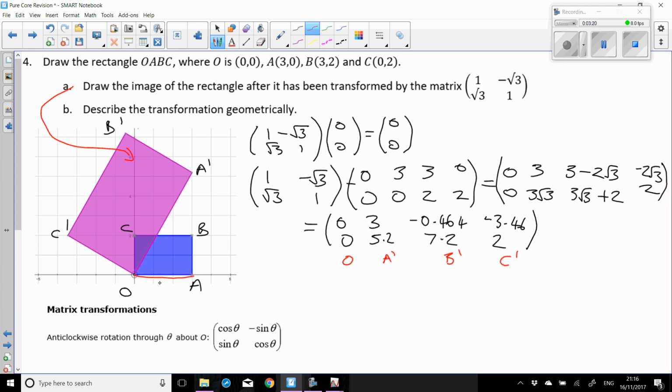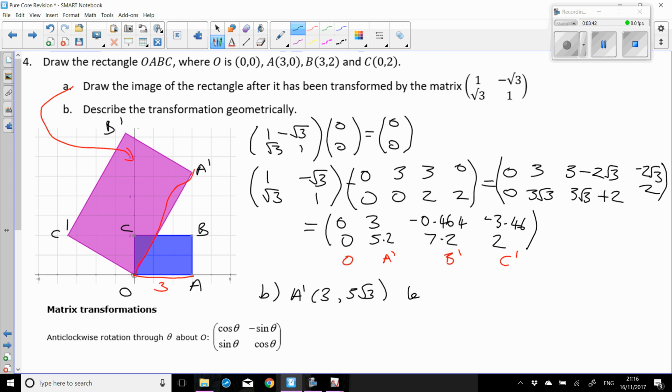For example, this one, so from O to A, that has 3 units, with the new one, which is O to A dashed. So what we've got to work out is how long this line is now. Now, the image of A is at 3, 3 root 3.